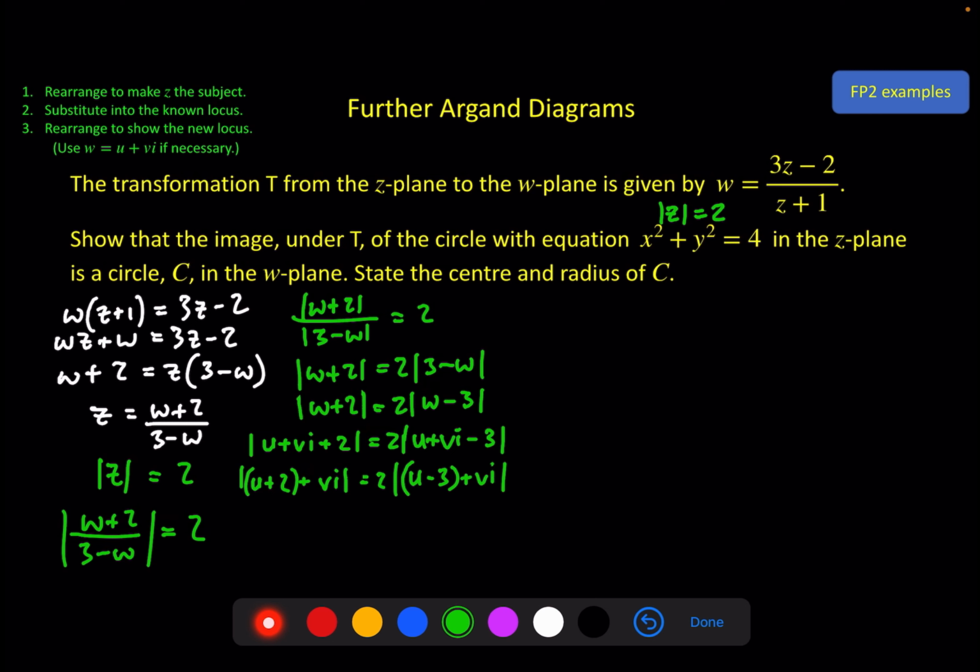then get rid of the modulus by doing the real part squared plus the imaginary part squared, square rooted. Then square everything, not forgetting that this 2 squares to a 4, and at the same time I'll expand out those brackets.